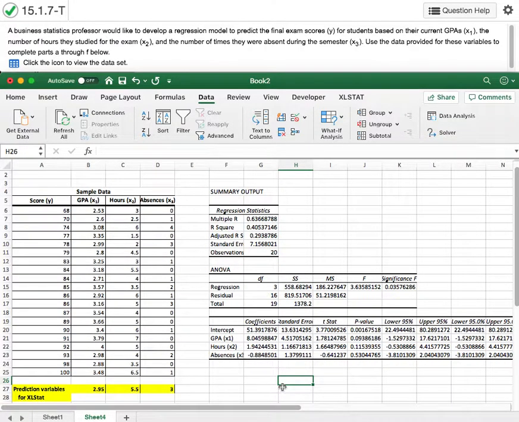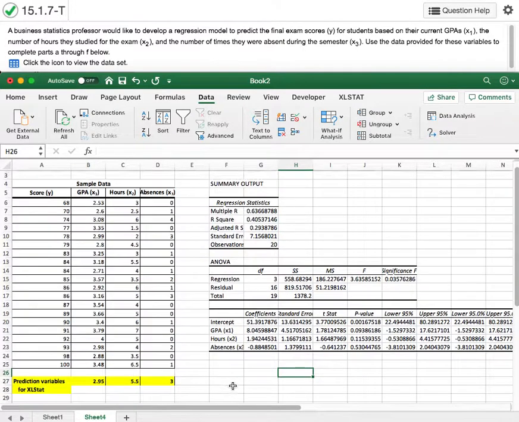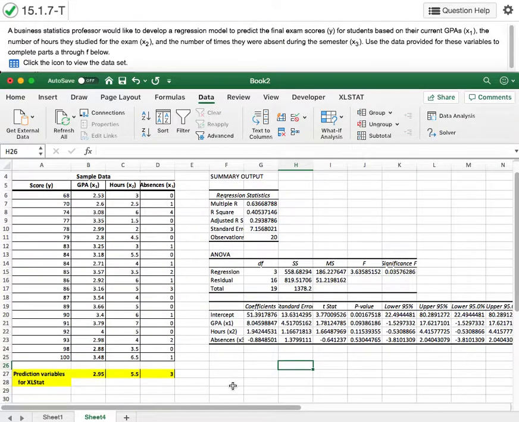And from this, we could calculate the specific prediction that we're given later on in the problem of examining a scenario where we have students with a GPA of 2.95, and they have studied for 5.5 hours for the exam, and they have been absent 3 times during the semester.